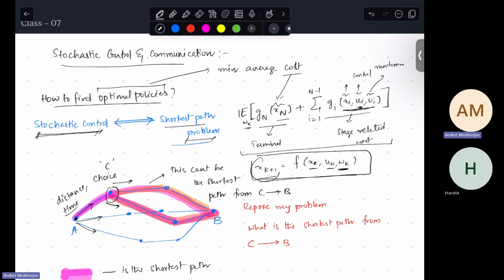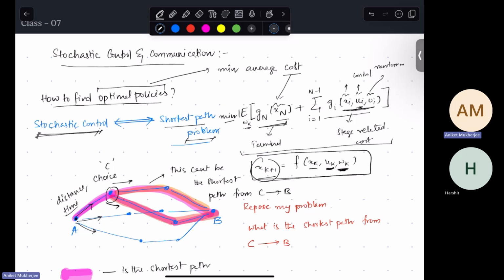So xk is a random variable because you have a random variable in wk. So trajectories are random. You have the choice of taking what uk you want to be, so you have the control of choosing uk. And what you want to minimize is the average cost. This average cost has two parts.